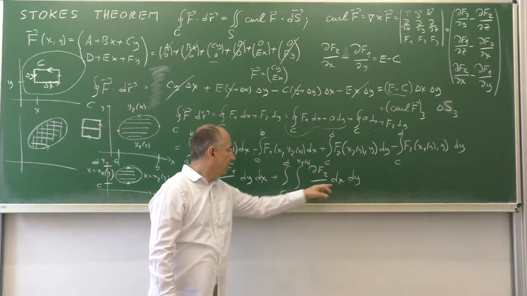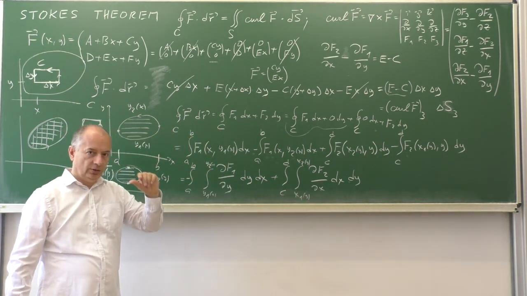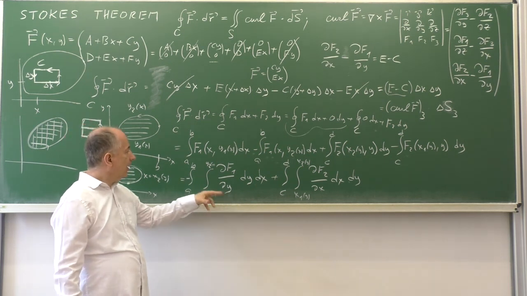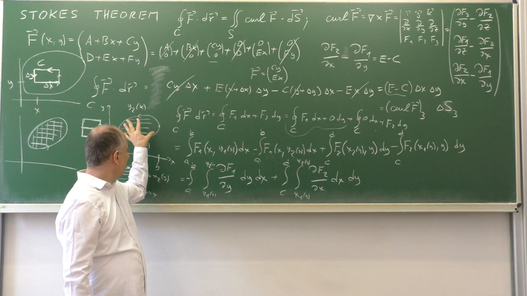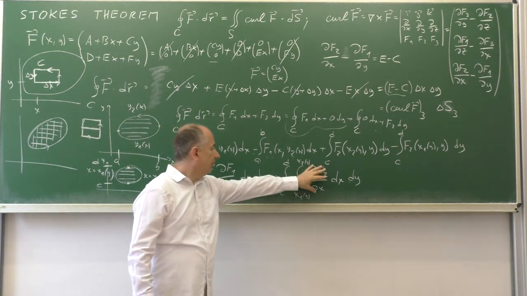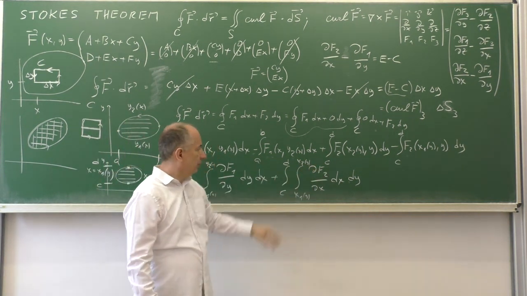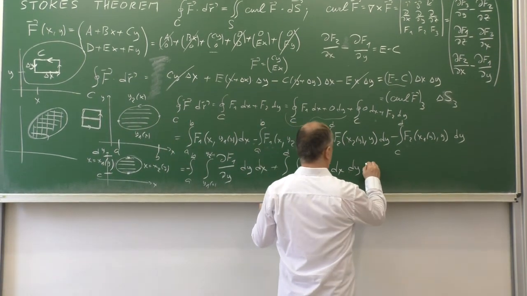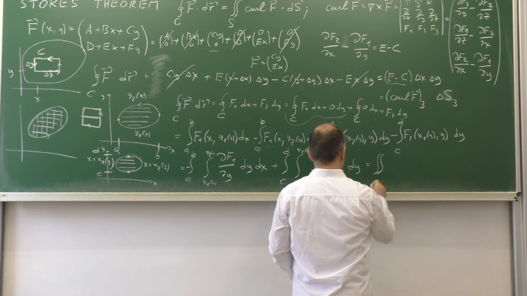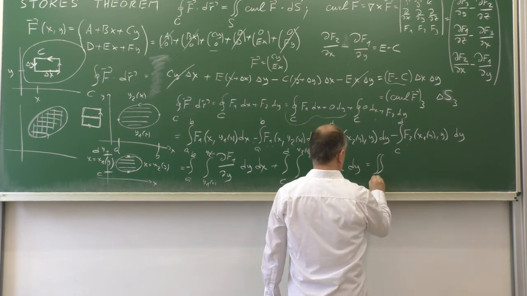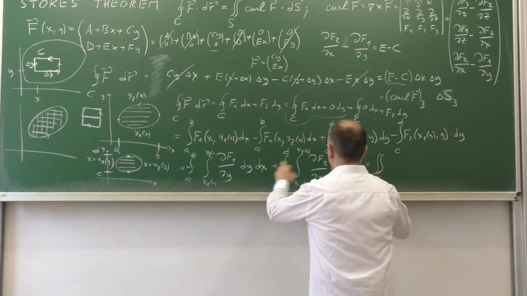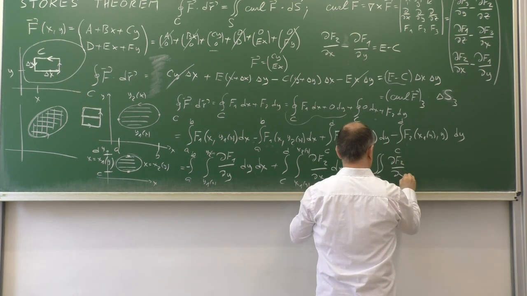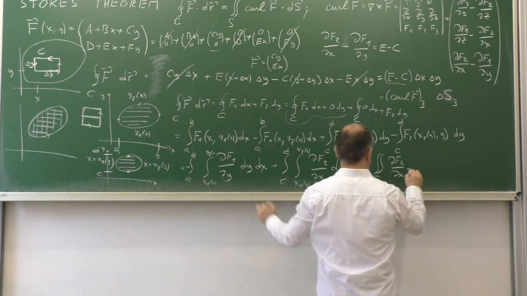In these two integrals, the order of integration is reversed. But both are integrals of some expression over this area, and it is minus or plus the integral of some expression over the same area. So we can write it as a double integral over the surface S of df2/dx minus df1/dy.